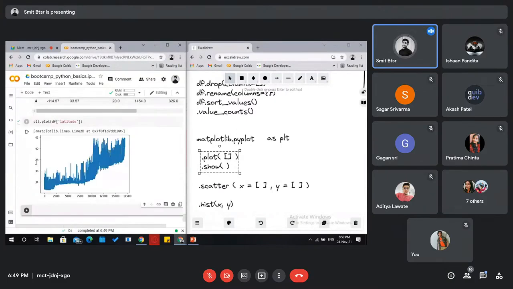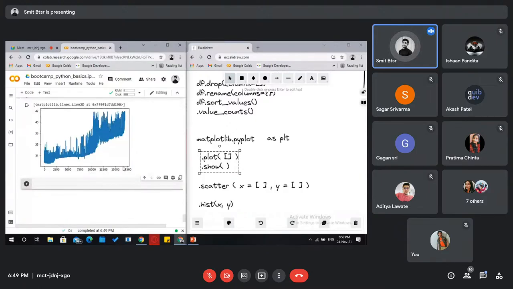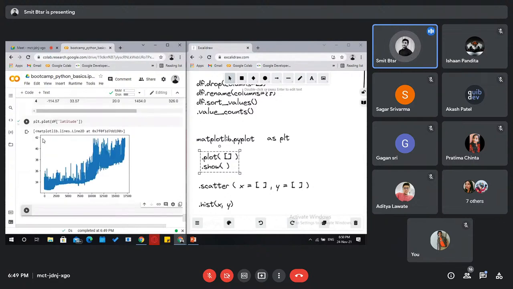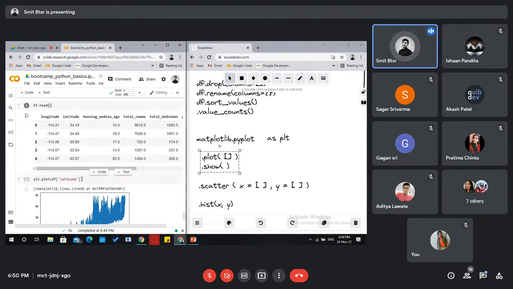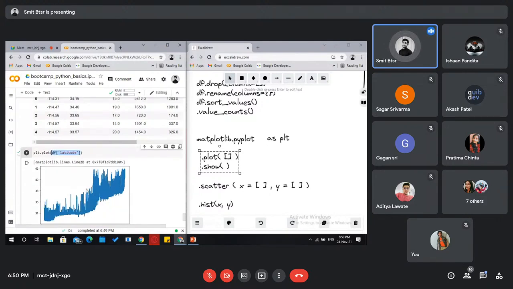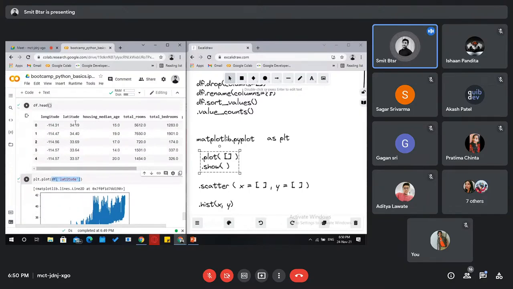These are the number of rows we have seen, we had 17,000, and these all are the values. So we can pretty much understand that the values range from 0 to 42 or something, approximately. When we pass only a single argument, it loads the values against the number of rows, meaning the indexes.